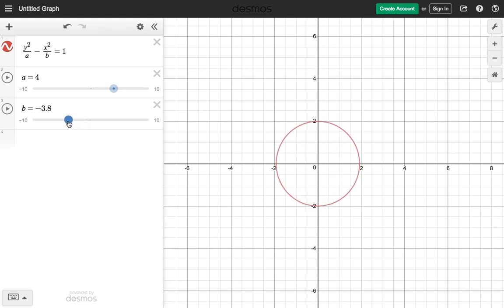So when b hits -4, we have something that looks circular, and then as you rotate b back out, up until it gets to be 0, where it's impossible to see, it continues to become more and more elliptical.